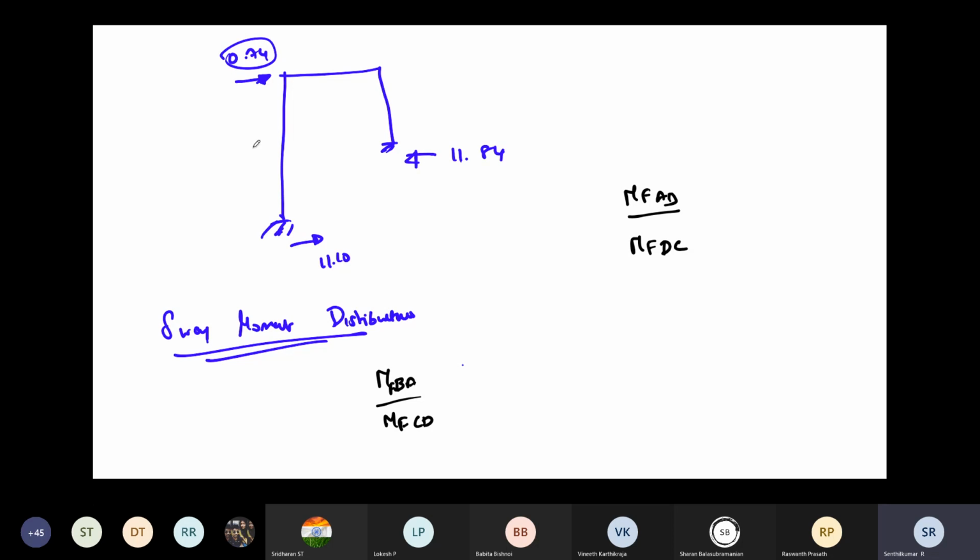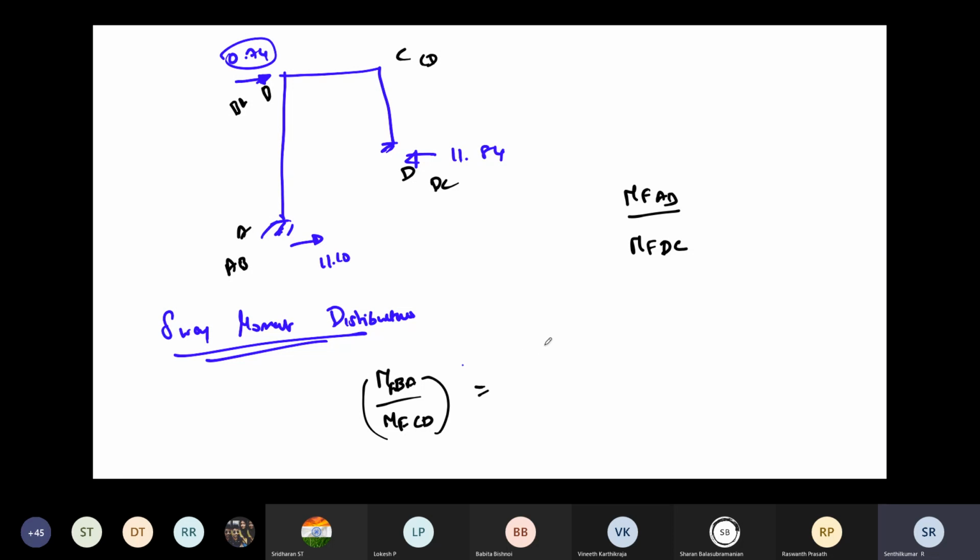This is A, this is B, this is C, this is D, this is AB, this is BA, this is CD, this is DC. So the BA-CD ratio or the AB-DC ratio are both going to be the same, because both the values are 6EI delta by L square, all in the positive direction as we assume. So everything is going to be the same.